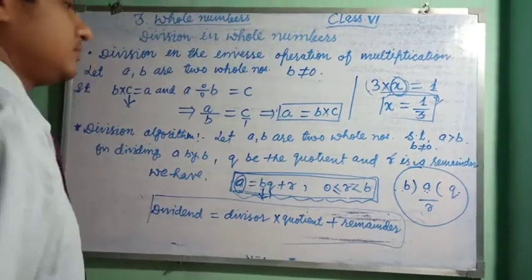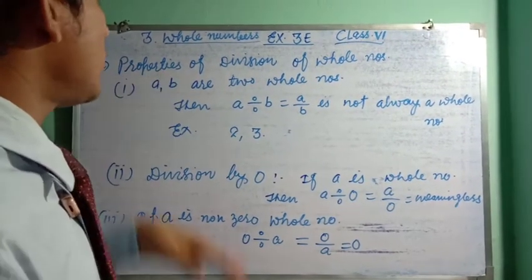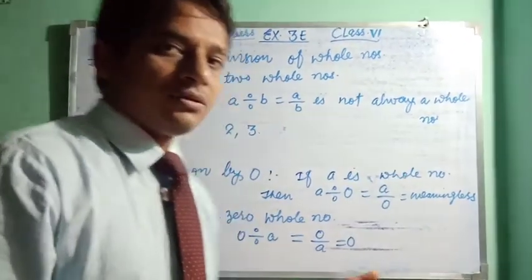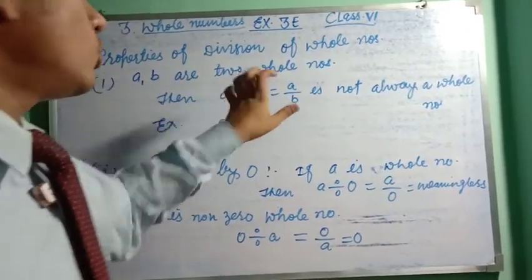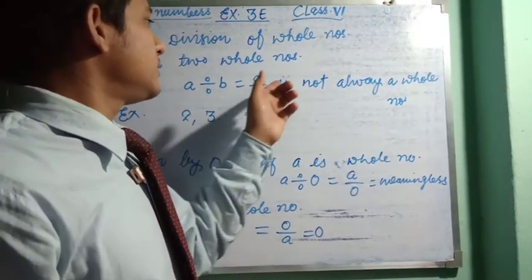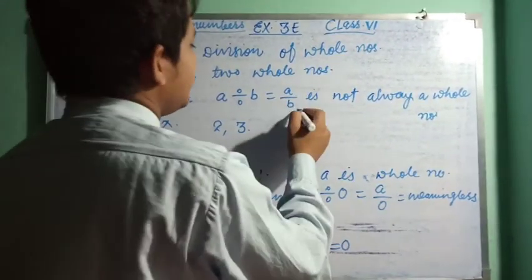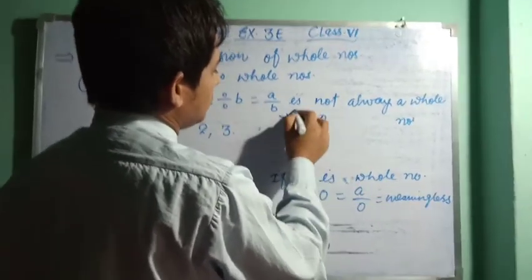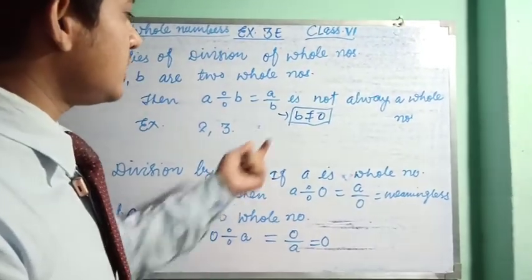Okay, now friends, the next is the properties of division of whole numbers. First property: suppose a and b are two whole numbers, then a divided by b is not always a whole number, where b is considered not equal to 0. Always remember, b is not equal to 0, and we will discuss later what happens if b is equal to 0.